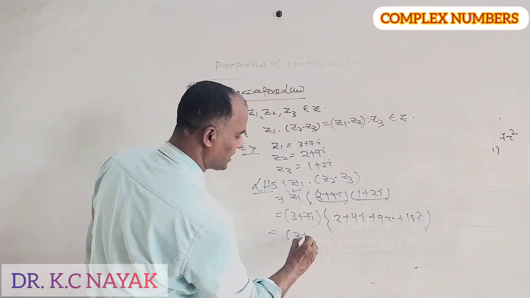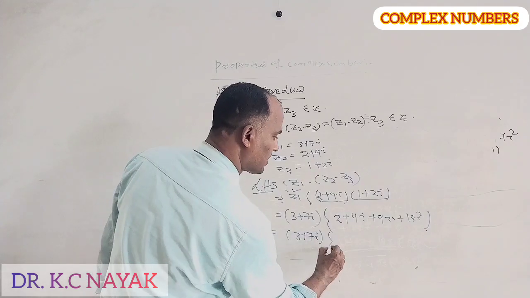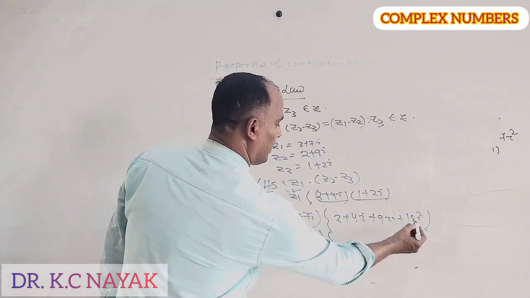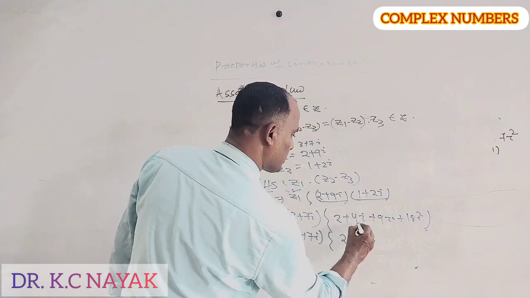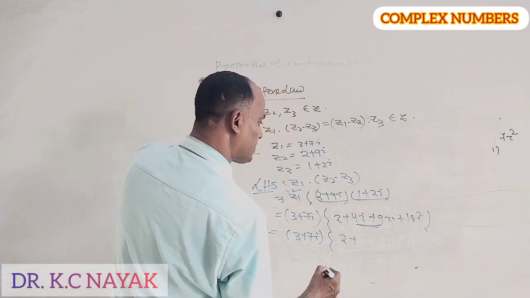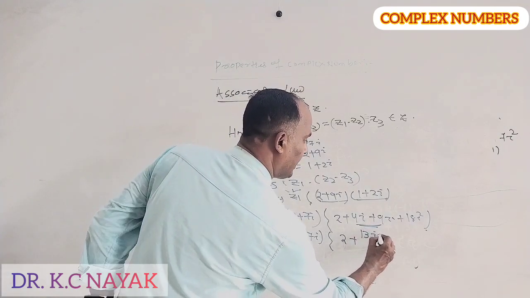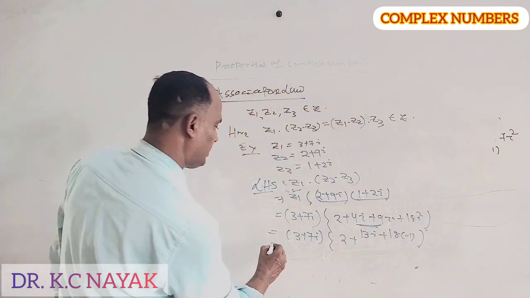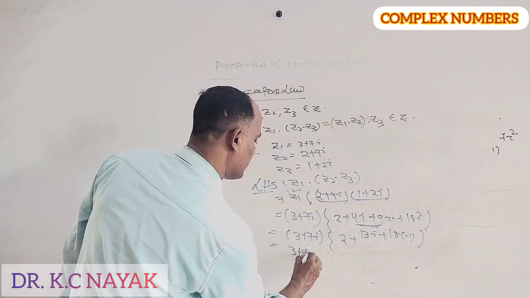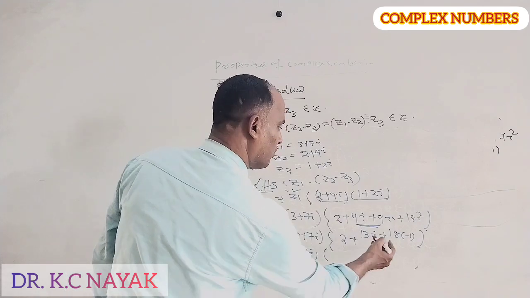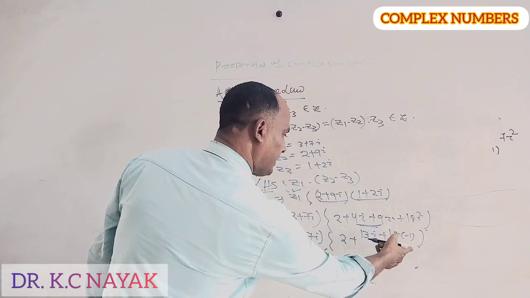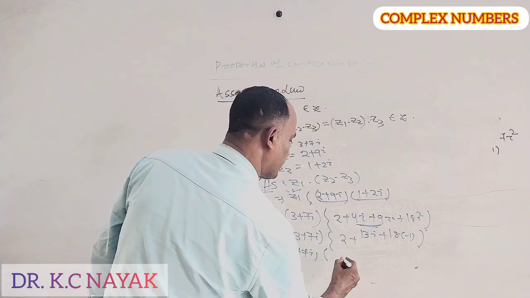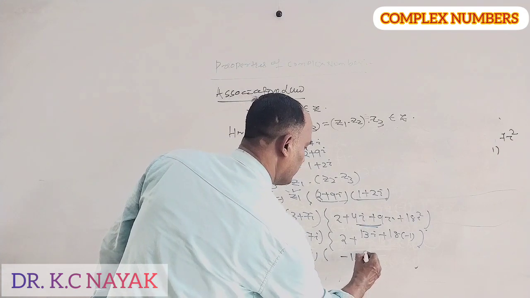Then you can simplify this one. 2 plus 4i plus 9i is 13i, plus 18i square as minus 1. So what is the value? 3 plus 7i into, that is minus 18 plus 2, it is minus 16 plus 13i.